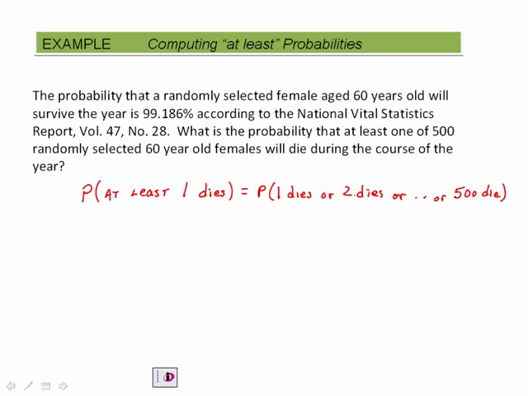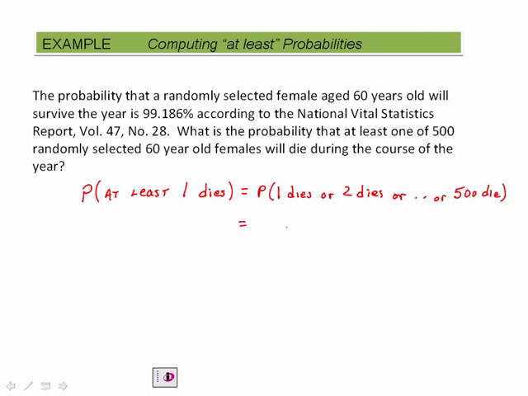But that would be a heck of a lot of computation, most of which we don't know how to do. The only possibility we didn't cover here is what? Nobody dies. Putting a better light on it, the only possibility we didn't cover is all 500 survive.